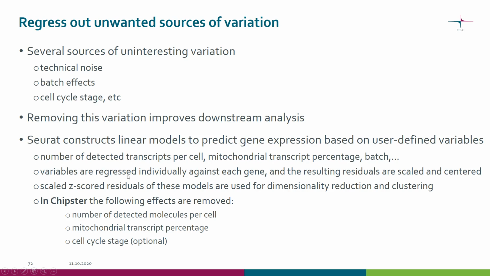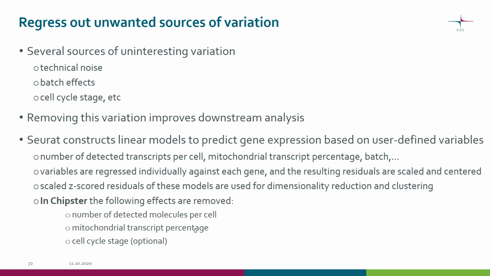So these variables are regressed individually against each gene, and then the resulting residuals are scaled and centered. And the scaled z-scored residuals of these models are then used for the PCA and clustering.